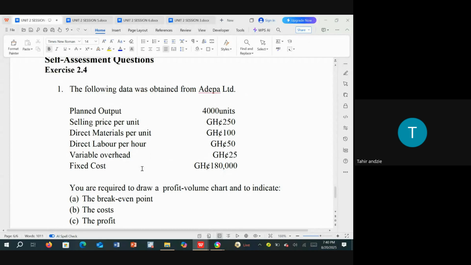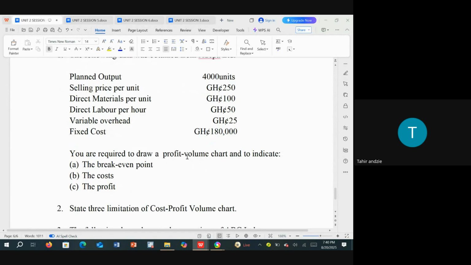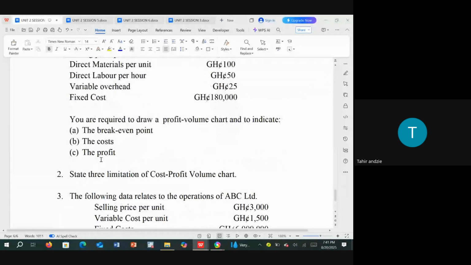Fixed cost is 180,000. You are required to draw a profit volume chart and to indicate the break-even points, the costs, and the profits. That means the total loss, that is the total fixed cost, and then the profit. So you are looking at the total loss and the total profits.